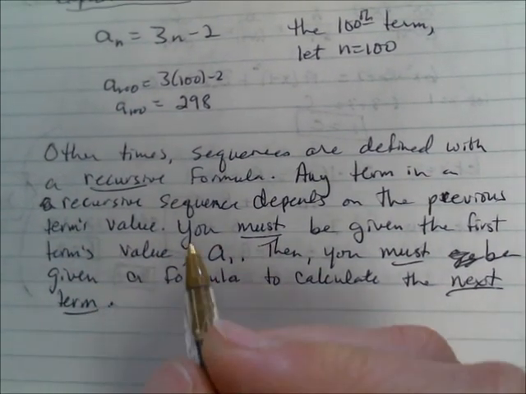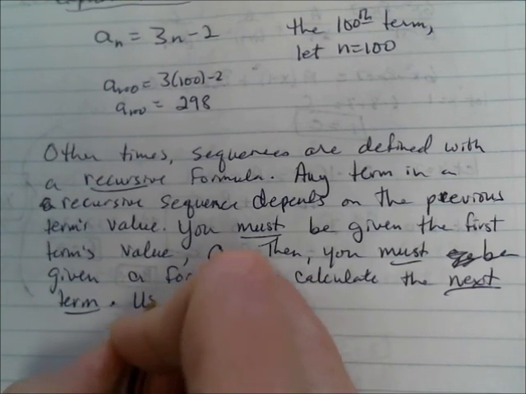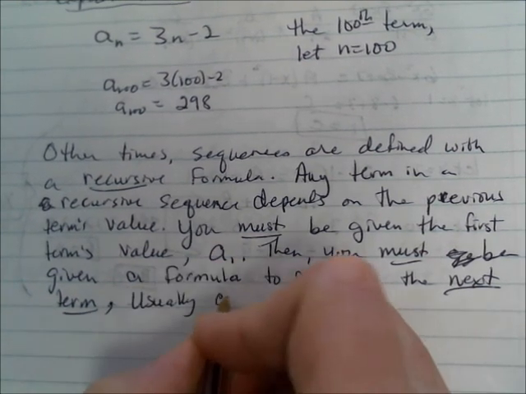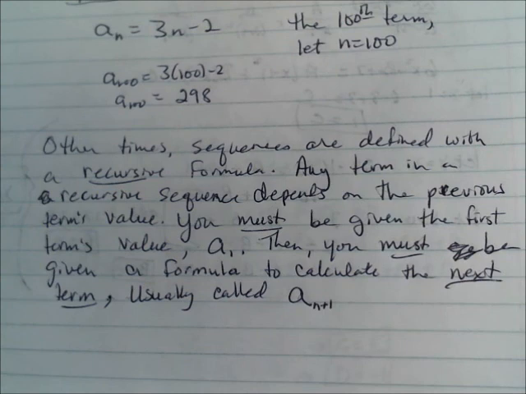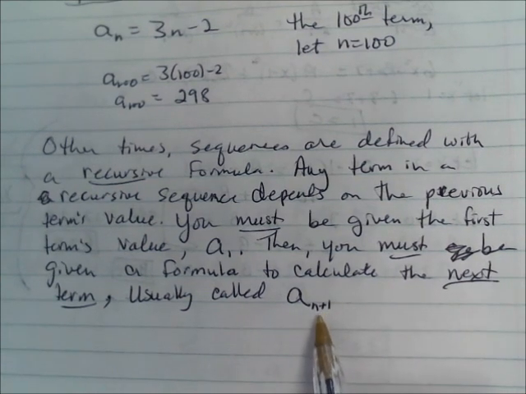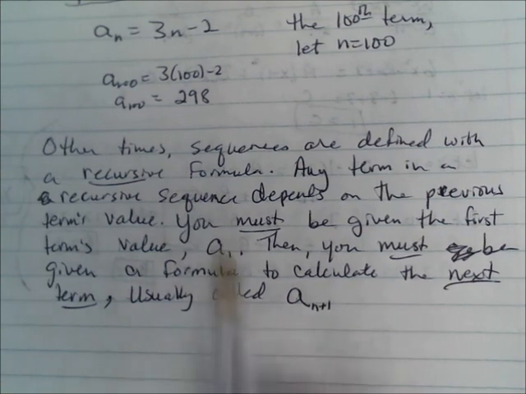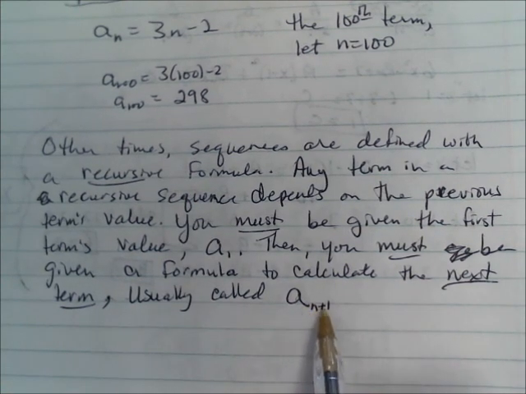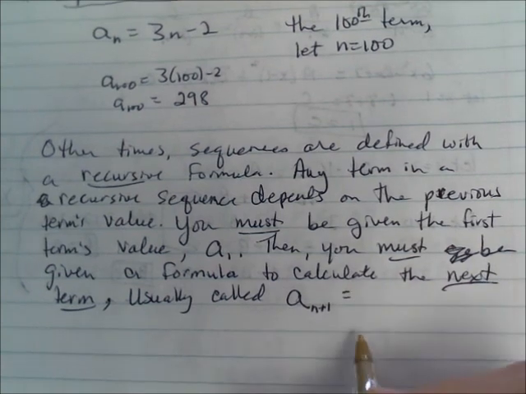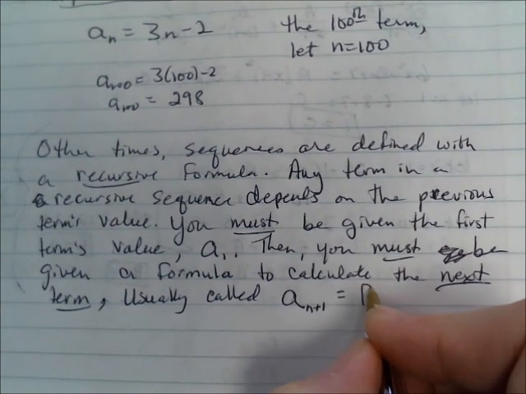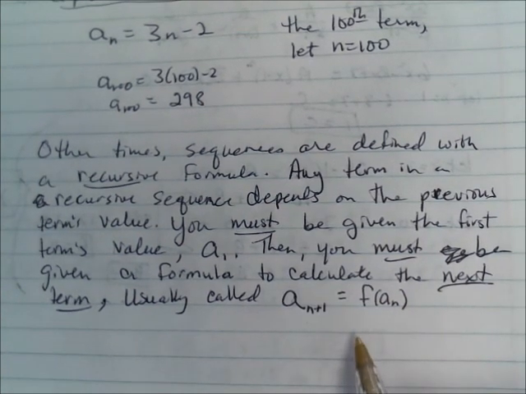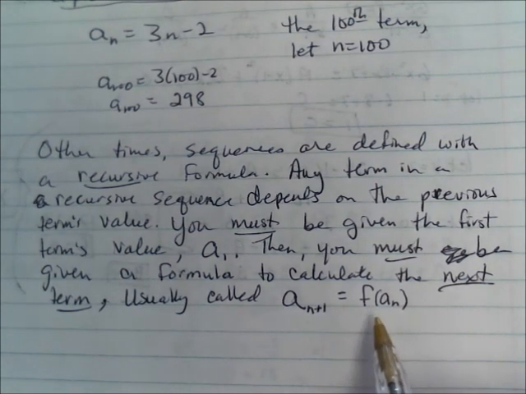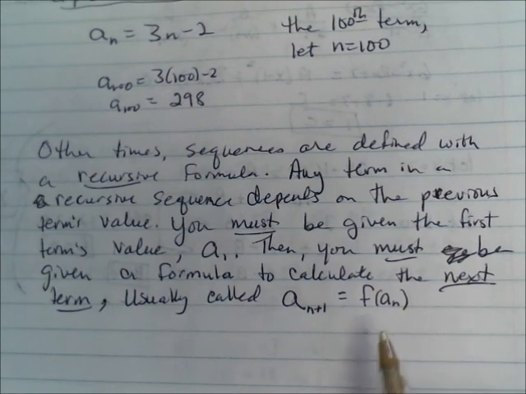The next term is usually called a sub n plus 1. So whenever you see the subscript of n plus 1, you know you have a recursive formula because it's telling you the next term is equal to some function of the previous term. That's just written in function notation. You're not going to see it explicitly written like this. I'll show you some examples of some recursive sequences.